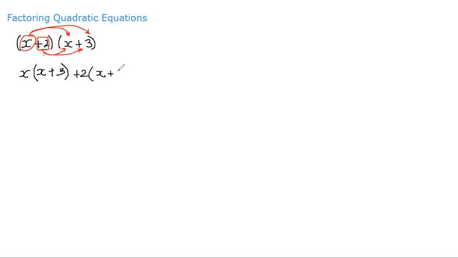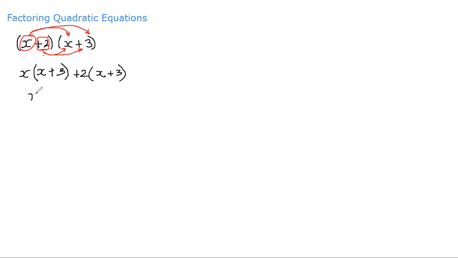Now, you don't usually write this line. I'm just writing this for clarity's sake, so you'd understand what's happening here. Sometimes the arrows could be a bit misleading. But as I said, x is multiplying by x plus 3, everything in here, and plus 2 is also multiplying by that. So x multiplied by x is going to give me x squared.